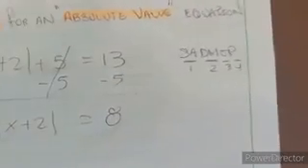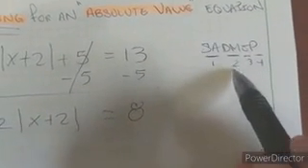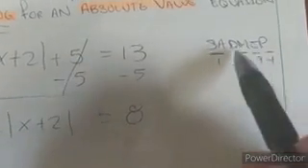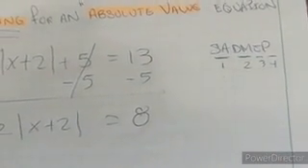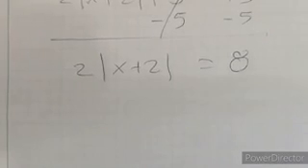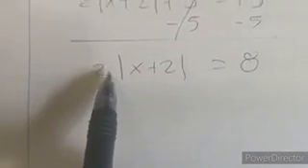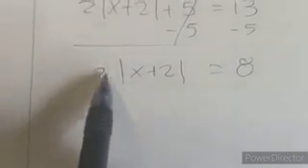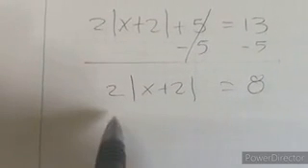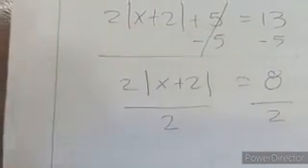Now I'm going back to the SADMAP process right here, and I know that I've done addition and subtraction, so I'm going to look over here at the second, and I'm going to look for either division or multiplication happening somewhere. And wherever I see it happening, I'm going to do its opposite, right? And so as we go back over here to the equation, 2 times the absolute value of x plus 2 equals 8. I can see that 2 is the multiplier to the absolute value. Since I know that multiplication is happening right here, what I would do is divide both sides by that 2.